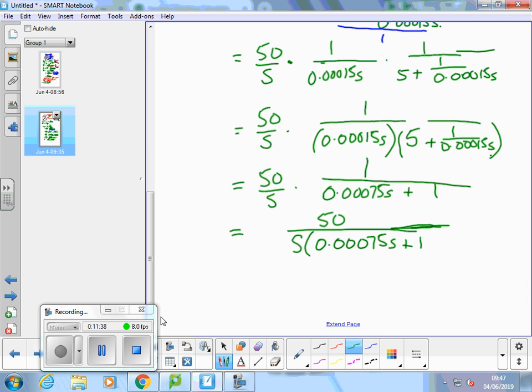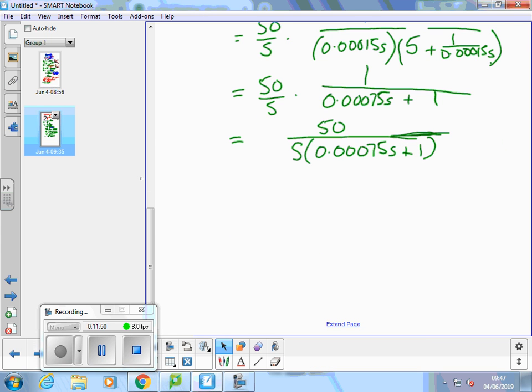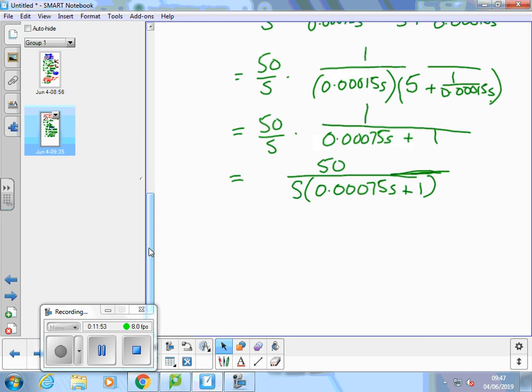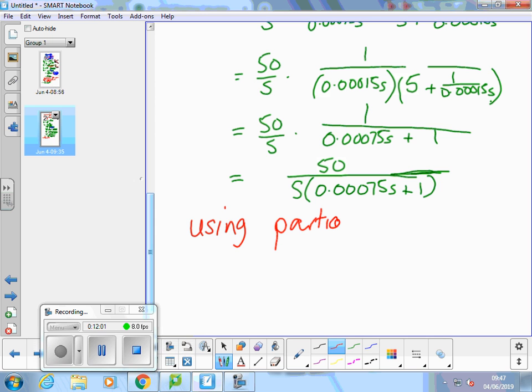Okay, closing the brackets. Now we have to write those using partial fractions. But really, there's no substitute for practicing these questions so that you know when you see a particular thing what you've got to do.